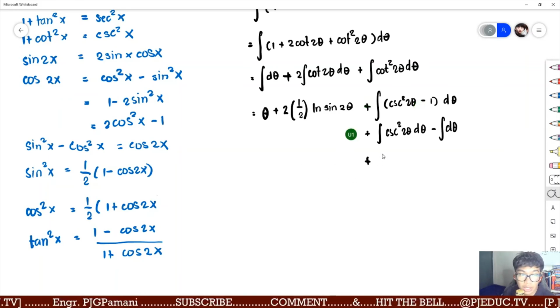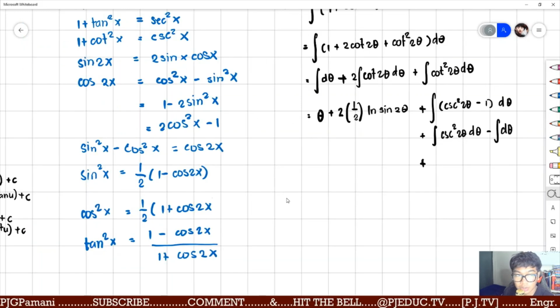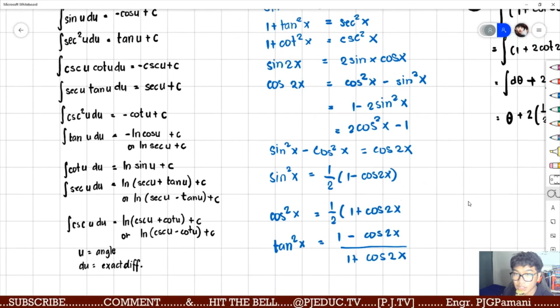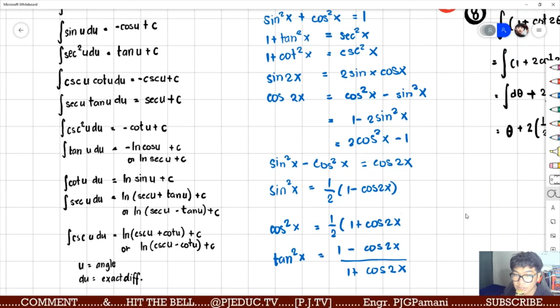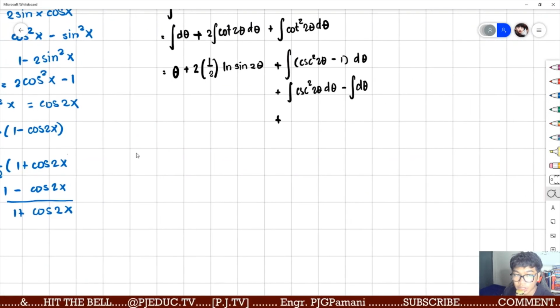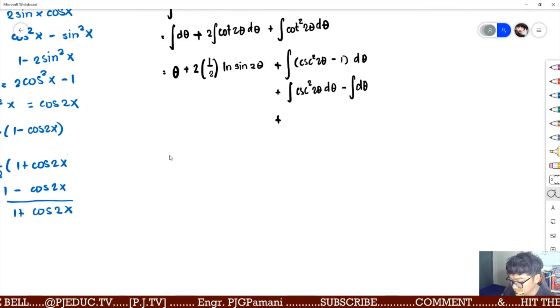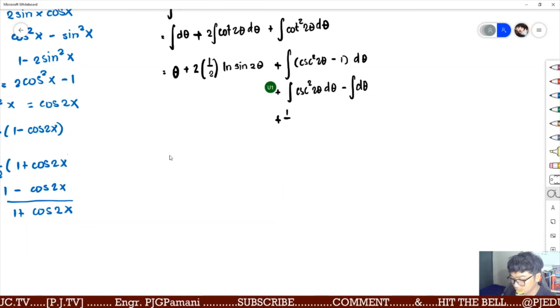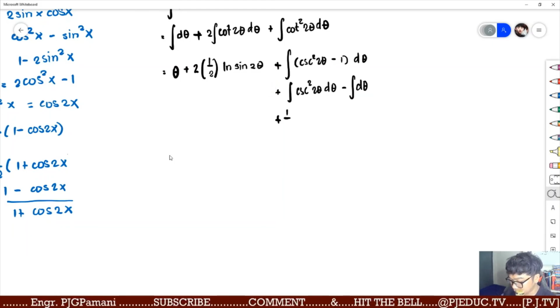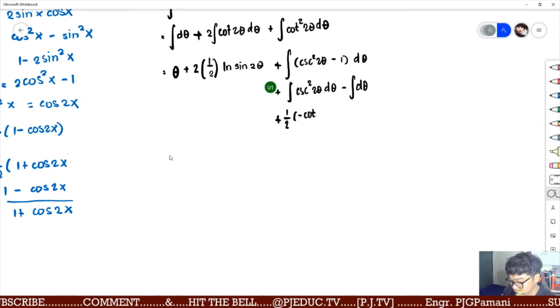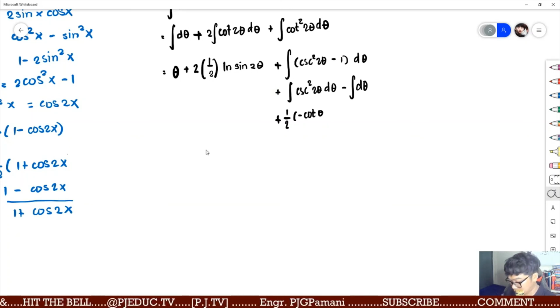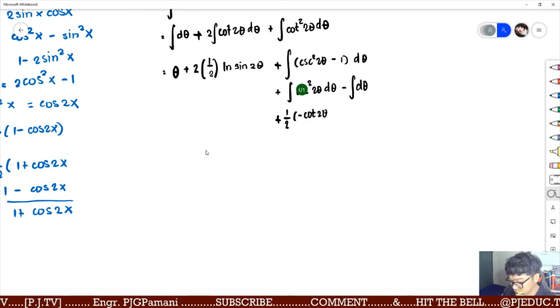Now, the integral of cosecant squared is simply negative cotangent. Or, introduce natin yung ating correcting factor 1/2, then negative cotangent 2 theta minus theta.